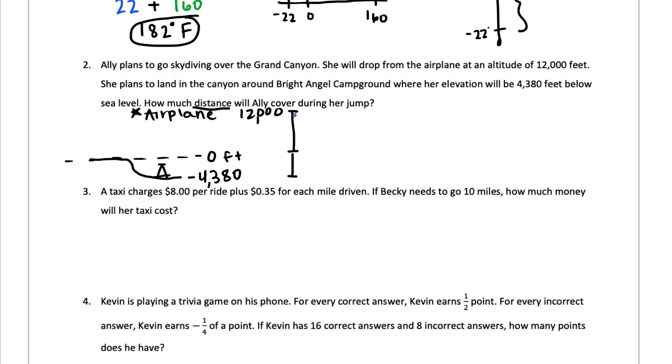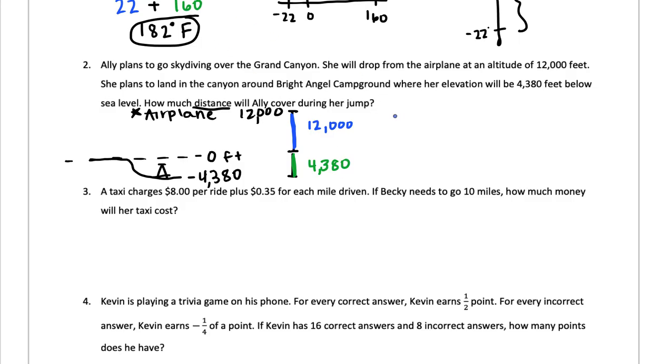So that means, if we want to color code this again, that this part where she's jumping from the sky just to sea level is going to be from 0 to 12,000. Well, that's 12,000 feet away. And then she's going from 0 all the way down to negative 4,380. Well, that's 4,380 feet away because we're talking about distance, so it's the positive version of it.